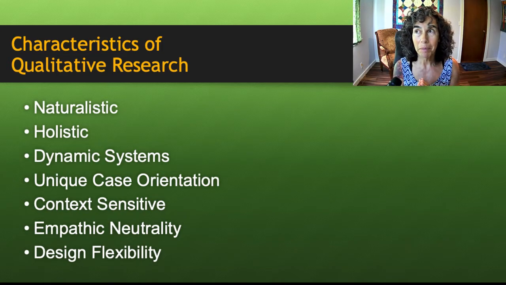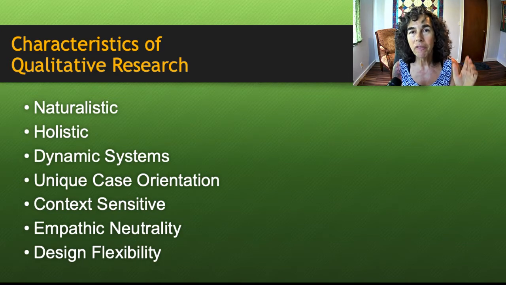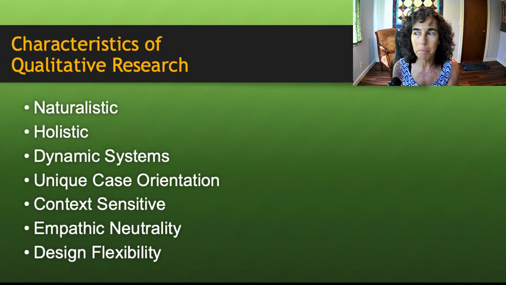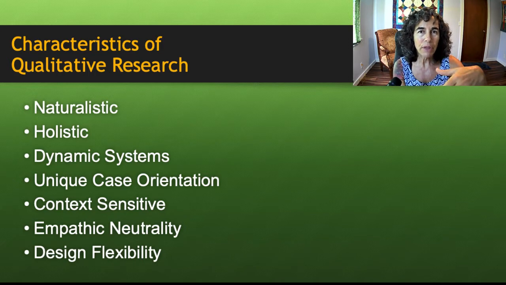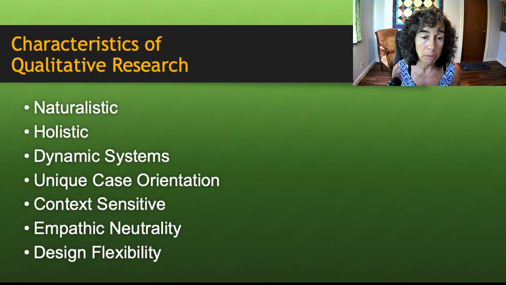And if we have like parts A through M, if part A moves, then it causes part B to move, which changes the relationship between B and C or B and M. So it's looking at how things move in relationship to each other and how things change in relationship to each other. It's often based on a case study or a small number of folks who are participating in the research.